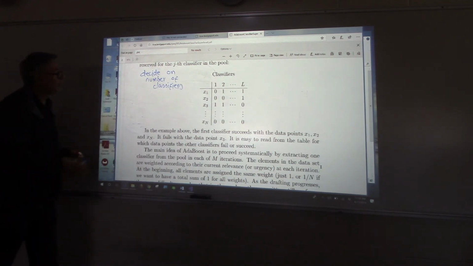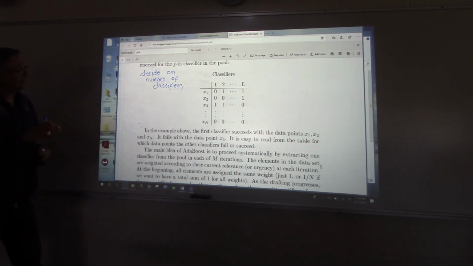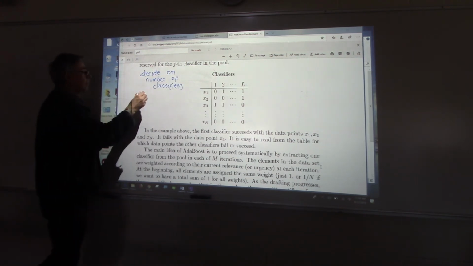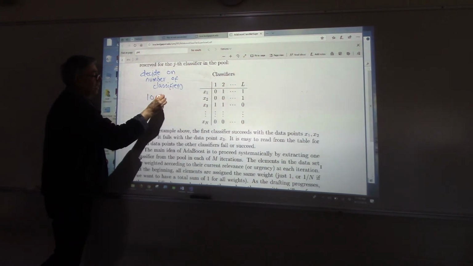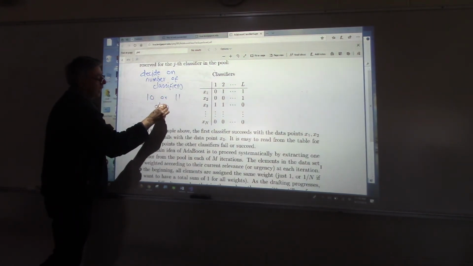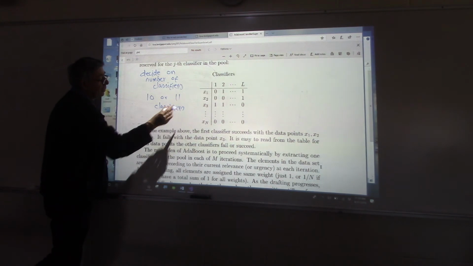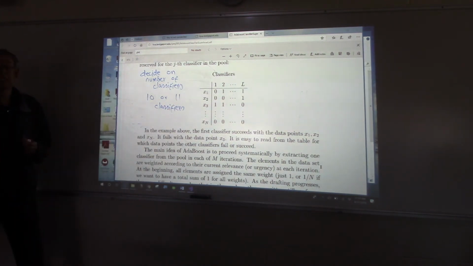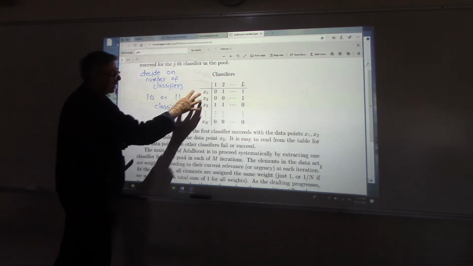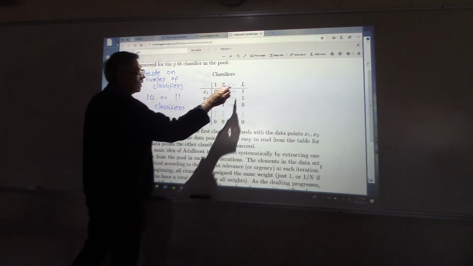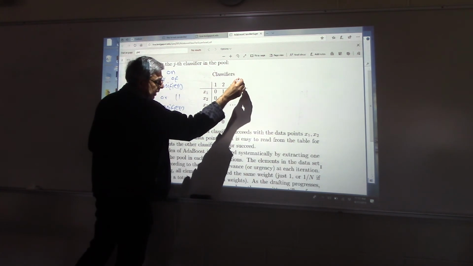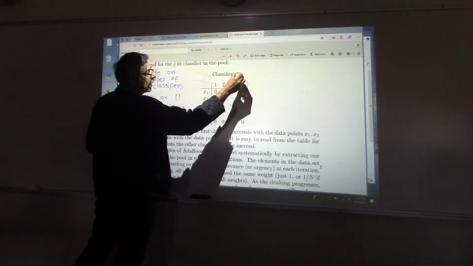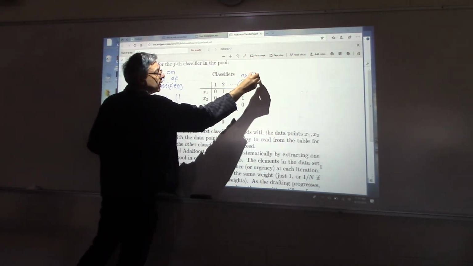Once I give you a concrete example, this will become clear. But anyway, in this example, let's assume we wanted to create 10 or 11 classifiers total. We wanted to combine them such that the final decision is better than the individual ones, right? And in this terminology, capital L here is basically the number of classifiers.